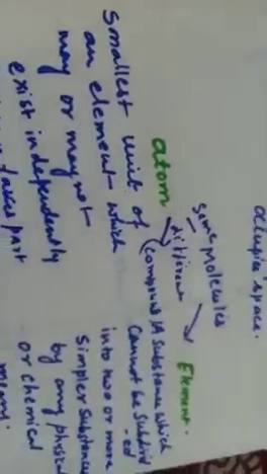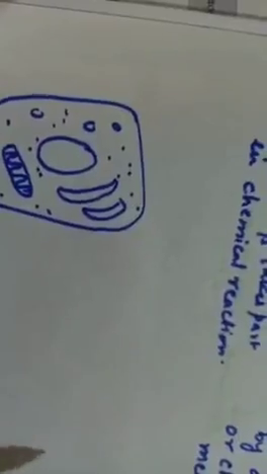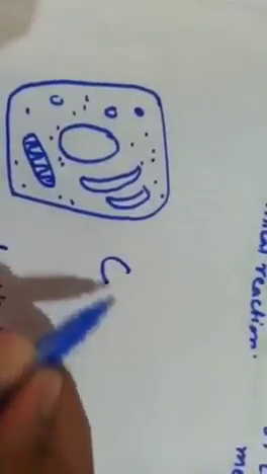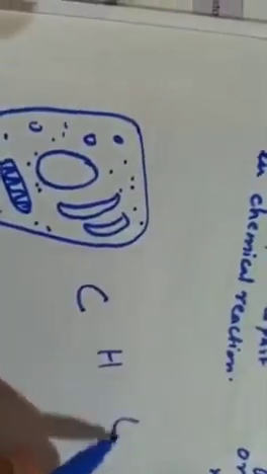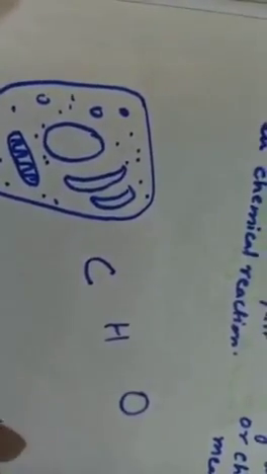So even the basic unit of life, that is the cell, is made up of matter or elements like carbon, hydrogen, oxygen, etc. So we can categorize matter as living matter or non-living matter.